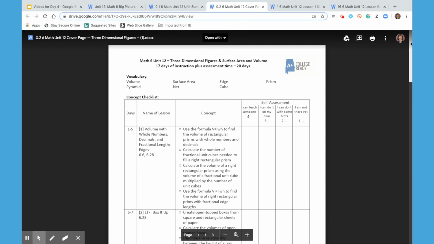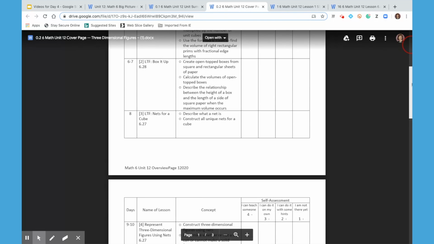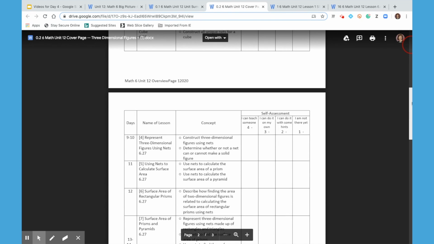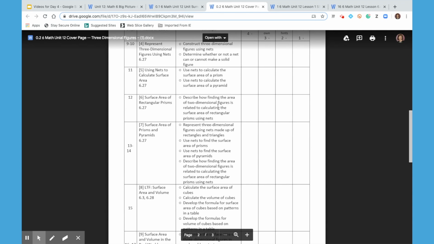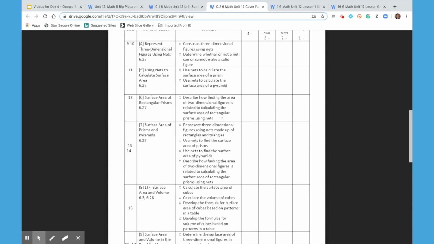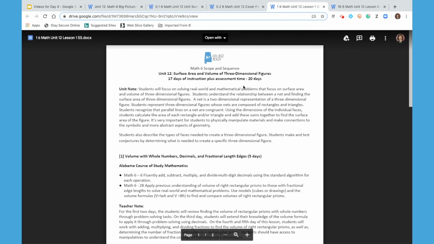The cover page for this particular unit, that's our lesson. It is the unit. The lesson is describe how finding the area of 2-dimensional figures is related to calculating the surface area of rectangular prisms using nets. Now the unit note is here.